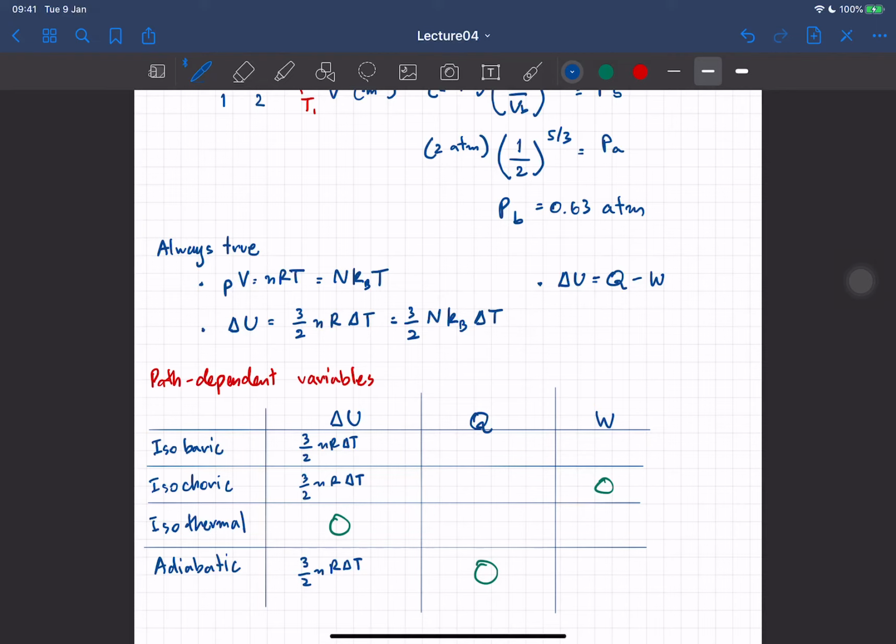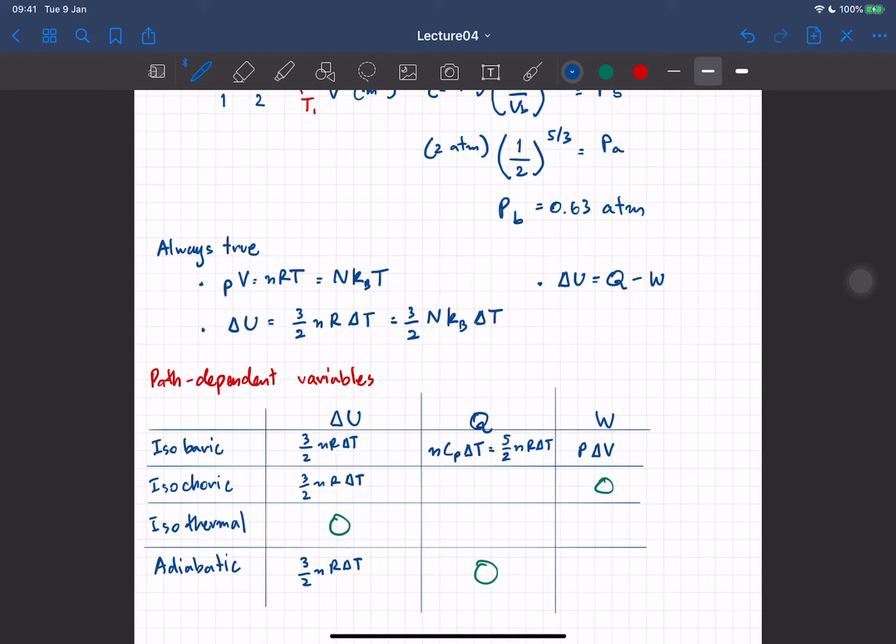And for Q, isobaric Q can be expressed as nC_P delta T, which is just a shorthand for 5/2 nR delta T. And then the work done is just P times delta V. Remember that's the case for the rectangle area, so it's very easy to calculate the work done, which is just the rectangle formula.